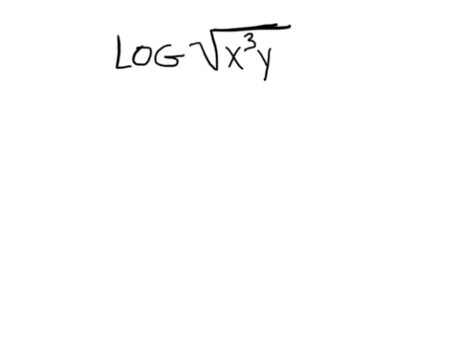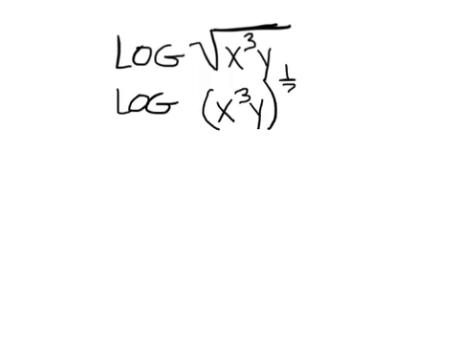The solution to the practice problem. First, we're going to treat this as if it is the quantity of x to the third y, all of that to the half power. Remember, you can break this up as 1/2 out to the left, but it's going to be applied to everything inside.